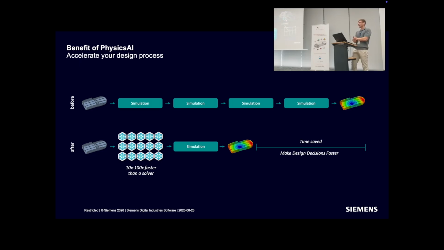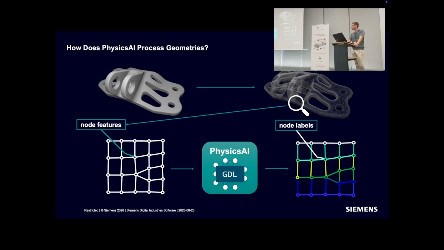So let's see a little bit of technical details here about how Physics AI works, how this geometric deep learning works. You can think of it as a black box where it gets some inputs, it is trained on some inputs, and learns to predict some outputs. We call these inputs node features, and as inputs, we can have any characteristic of our nodes.